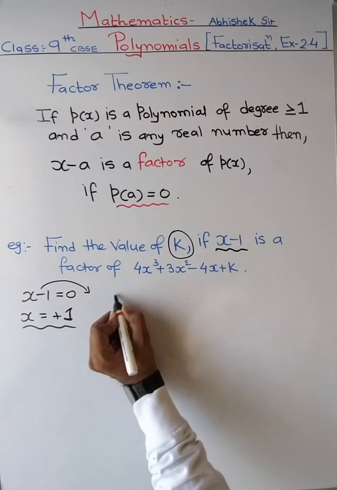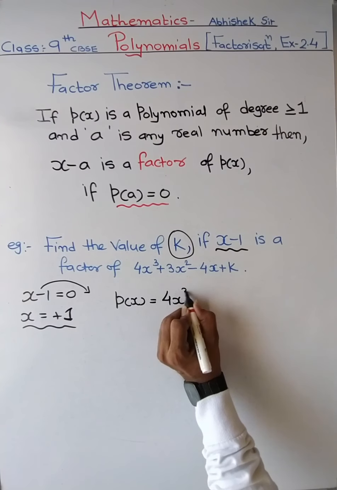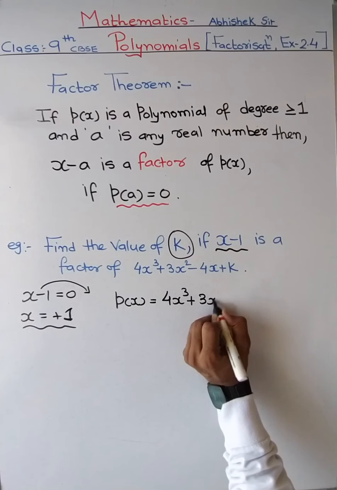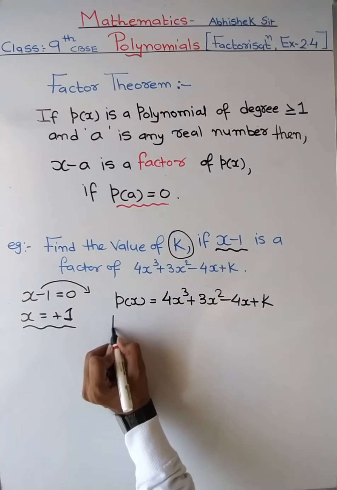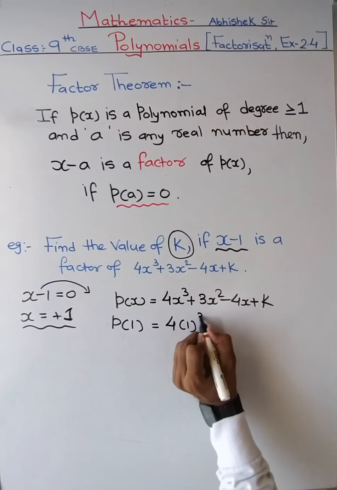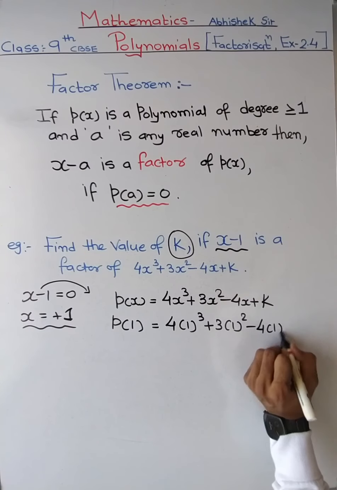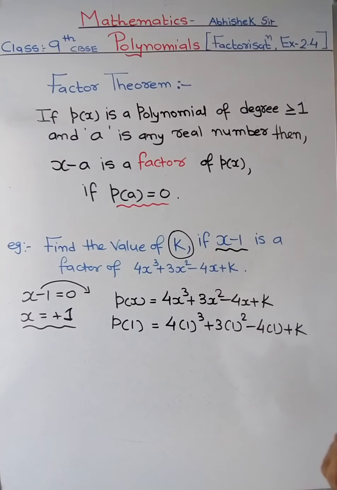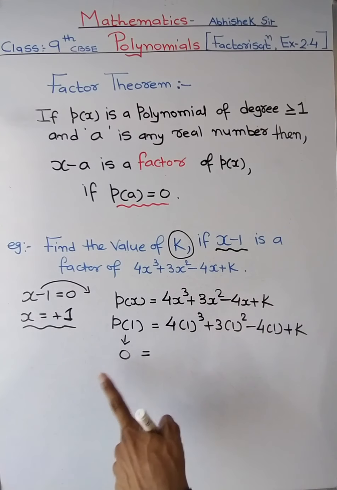Let us do it. So here we have p of x equals to 4x cube plus 3x square minus 4x plus k. Now if we are putting p of 1, we have to put 1 in place of every x. Now p of 1 will become 0 as it was the factor.